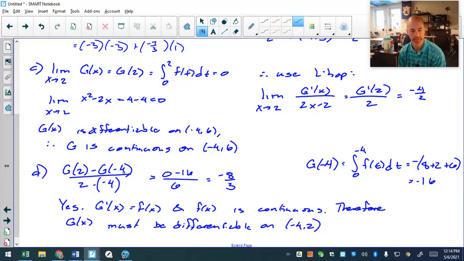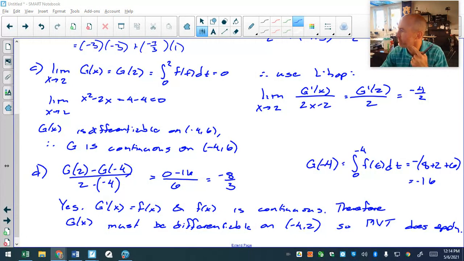And we do know that, yeah, so g is differentiable on negative 4 to 2. So the mean value theorem does apply. I think that's what they're looking for. There we go. I don't like it that they're not asking you to find c. Maybe there's not enough information for that.